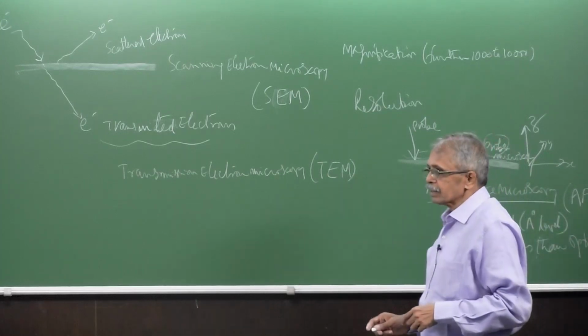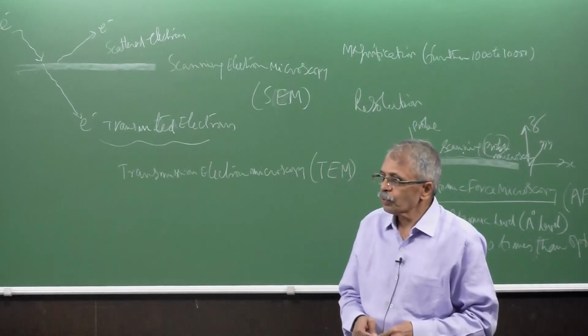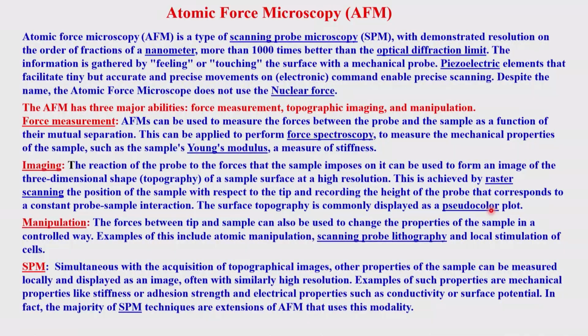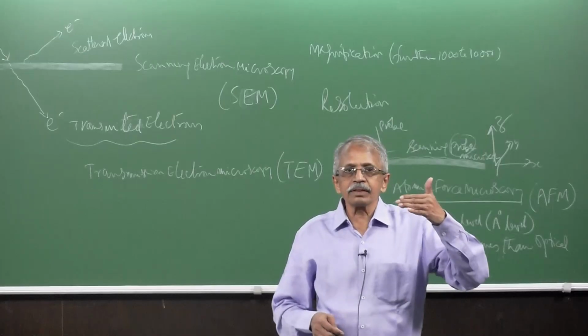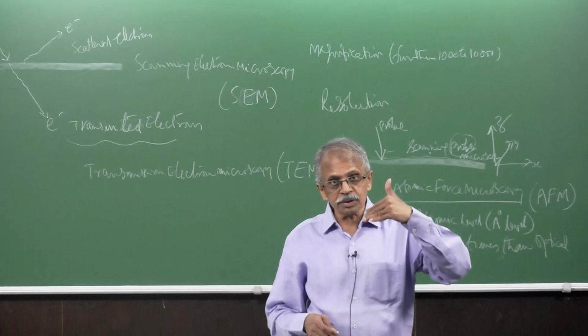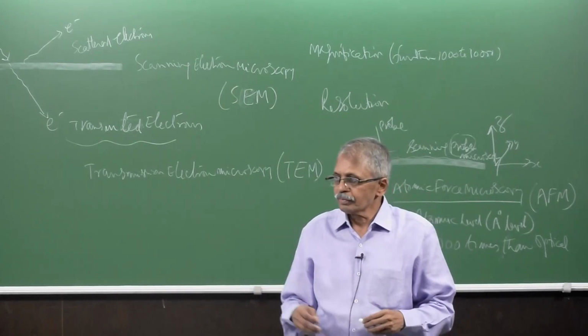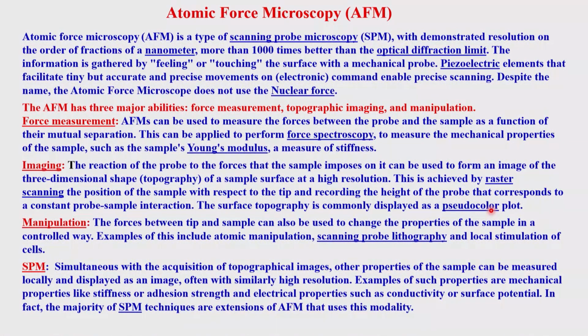So all these kinds of things can be there. You will not be using any electrons, energized particles, etc. in this. Okay, so you use that tip. The only thing is you need to control the tip's movements. That's what is important, and that's what we will learn as we keep moving across this.